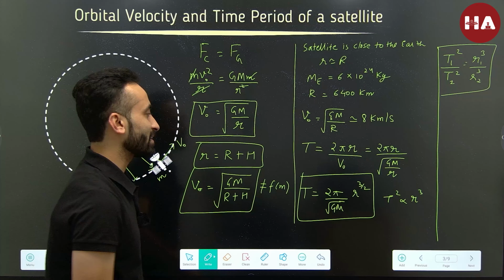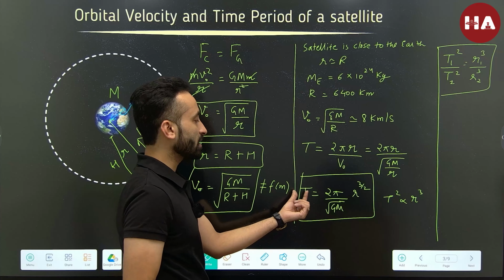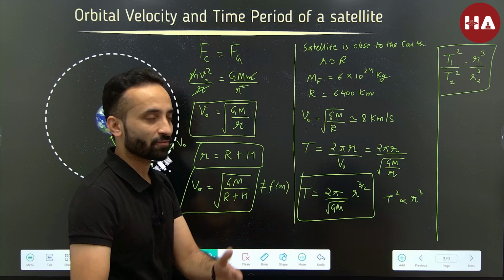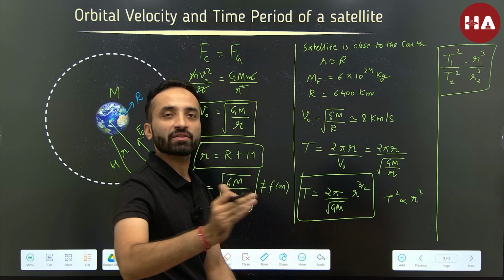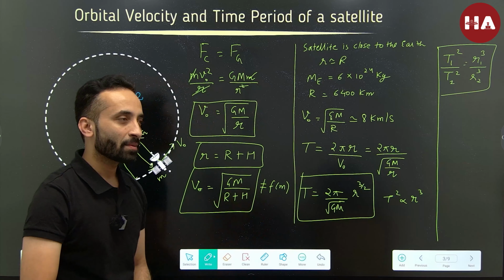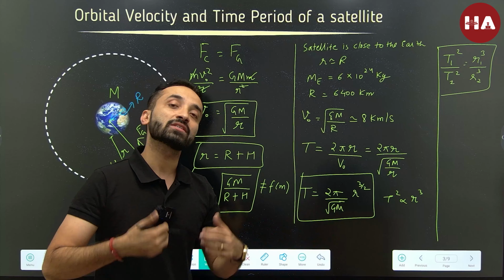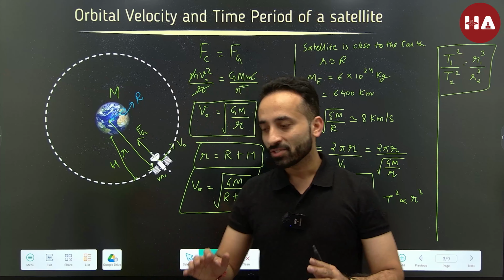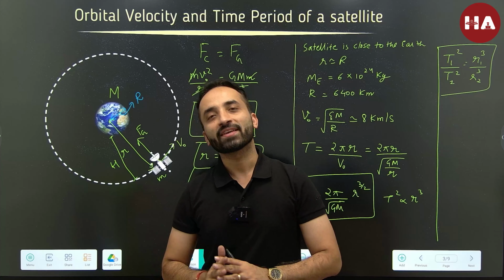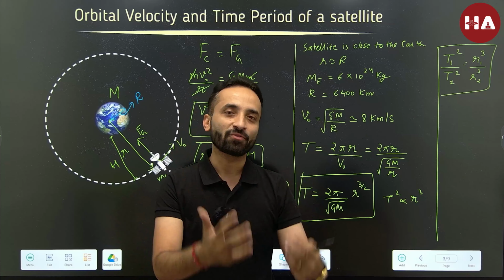And not only that, we can use this formula for us. We can put the time period as 365 days. We do know the distance between the Earth and the Sun, and get the mass of the Sun then, because if we take us as a satellite, then this becomes the mass of the Sun. So imagine, just by staying on the Earth, we can realize how heavy the Sun is just by making use of this formula.